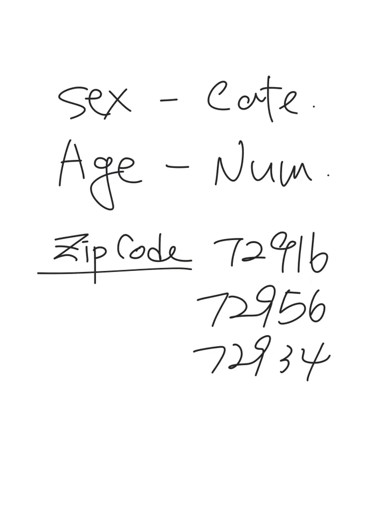Okay, let me ask you. As a variable, two types, numerical or categorical, for zip code. Which one? Choose one. Why? It's numbers, 72916 to 72956. Why is it categorical?